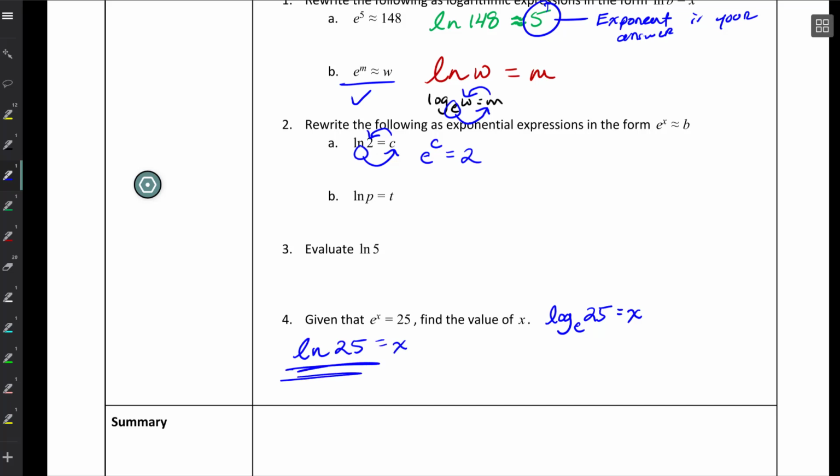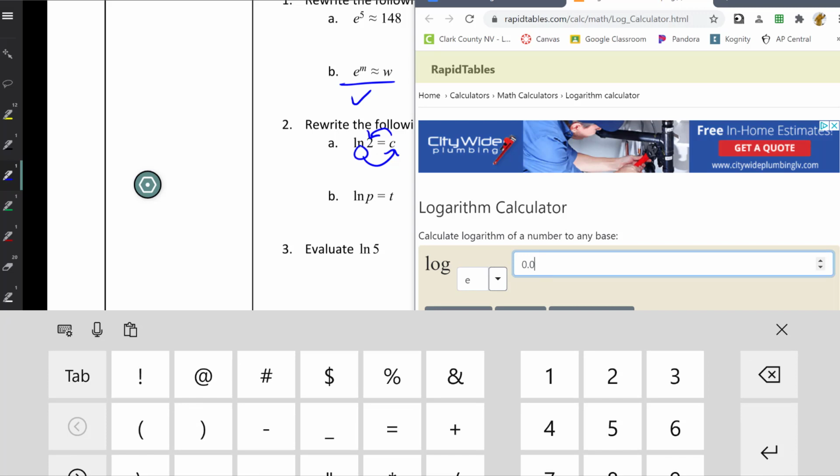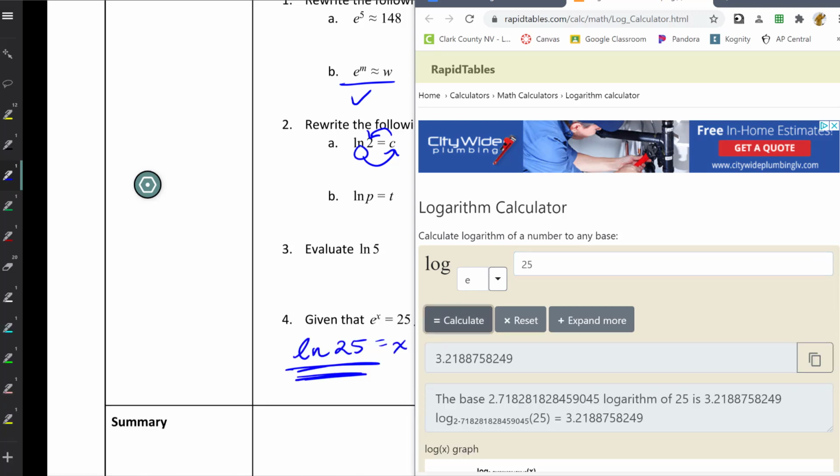Well, look at this. That's calculator. That is something that I can punch into my calculator. If I happen to find that other calculator website, I can change my base to e, enter 25, calculate it, and we get our answer, 3.2188758.